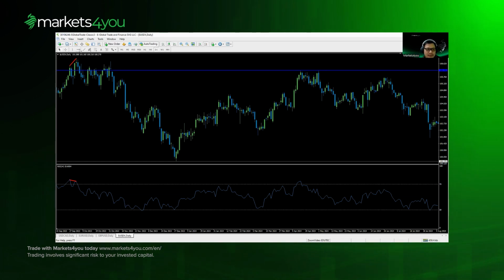Of course, we are going to use this one, because it created a low here. Then it goes high and near the high price.